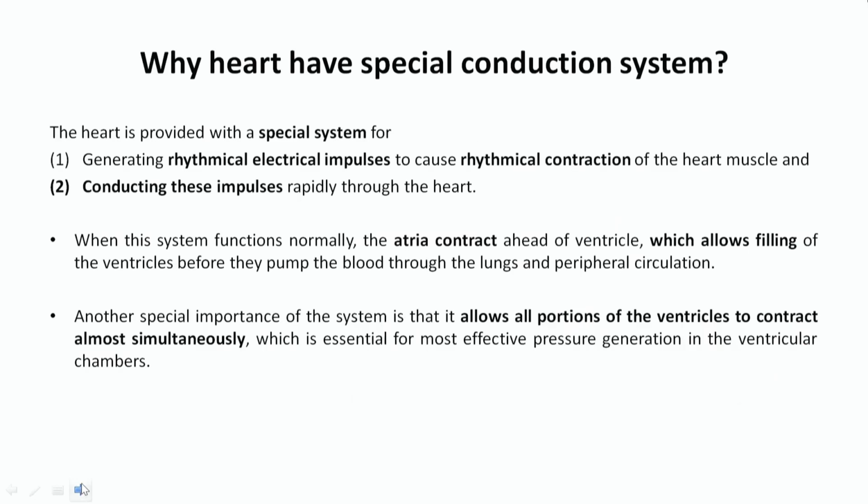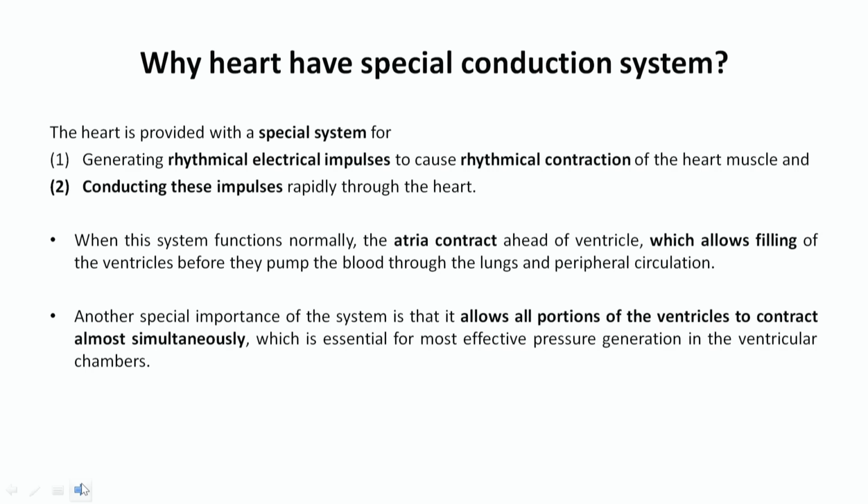Then the question is, why does the heart have a special conduction system? The heart is provided with a special system for two important reasons. One is that it generates rhythmical electrical impulses to cause rhythmical contraction of the heart muscle, and second is conducting these impulses rapidly through the heart.